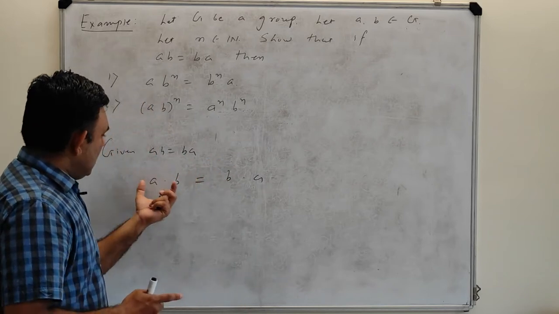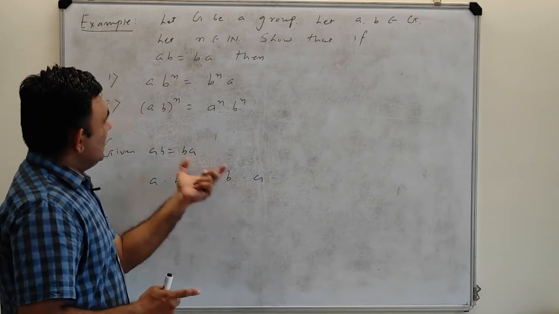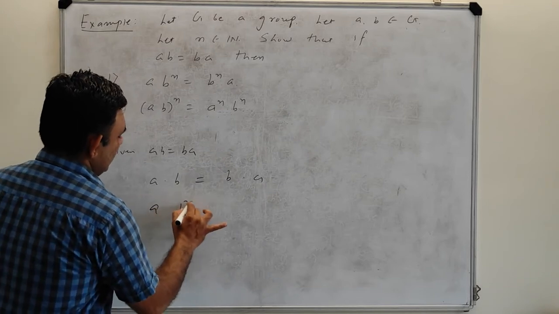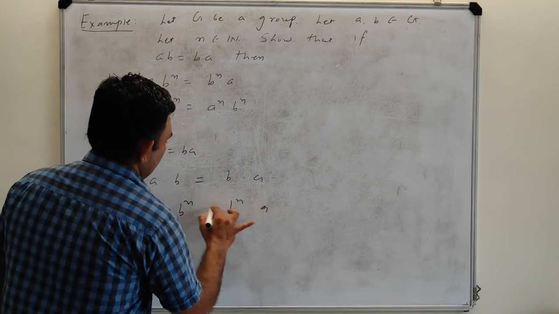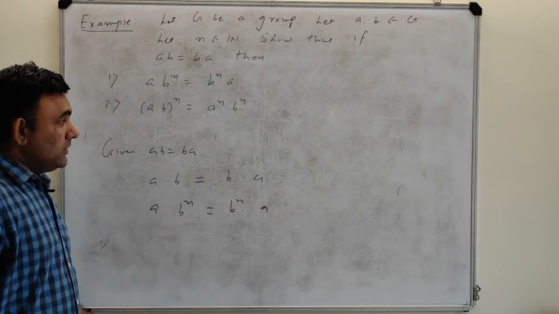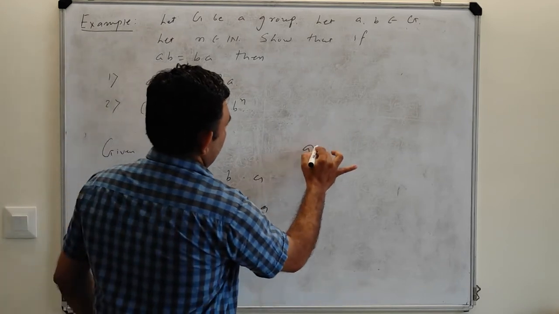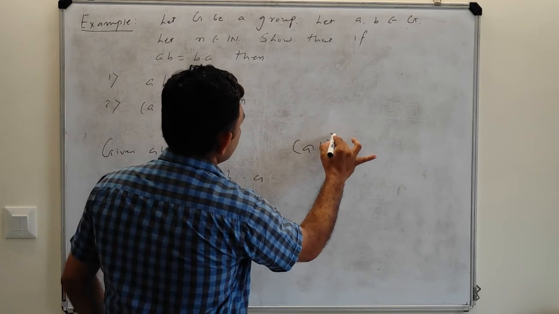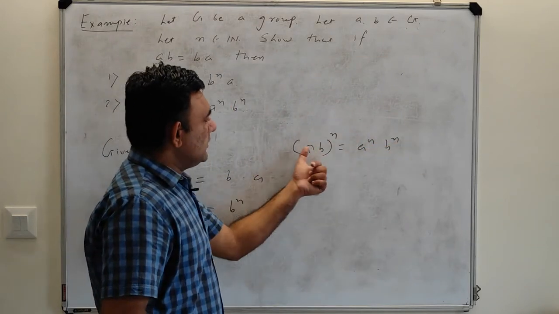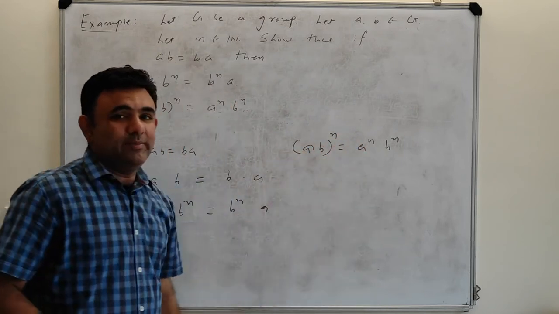But if a and b commute, then the first thing says that you consider b to any power, and a, then that will also commute. So I want to prove this thing. Then it says that (ab) raised to n is equal to a raised to n, b raised to n, meaning you can distribute the n power to both the elements.